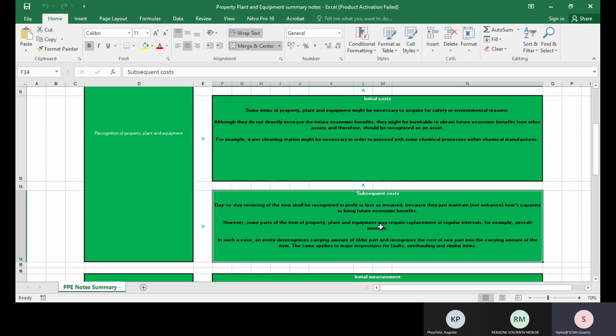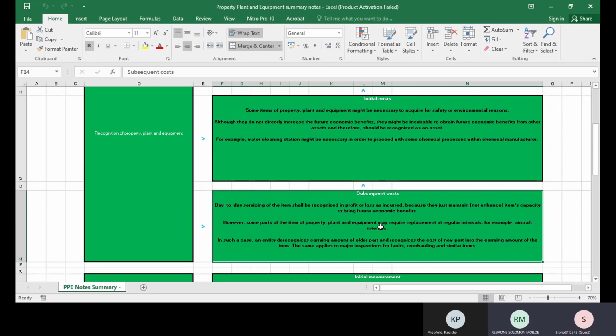If I have a car that I'm using to deliver milk, and I take that car to Toyota for a service, I'm incurring a cost. You agree with me? Will I capitalize the cost of maintaining the car?